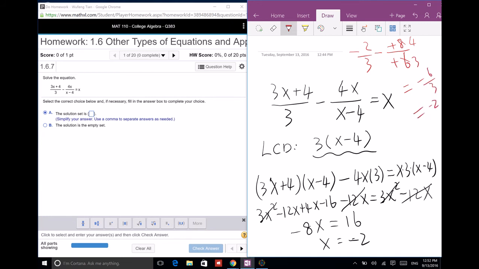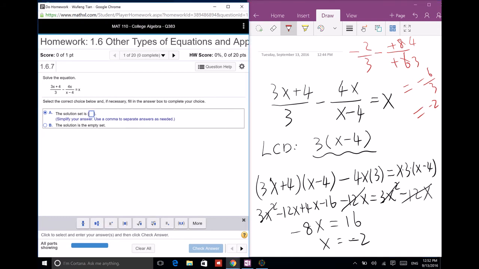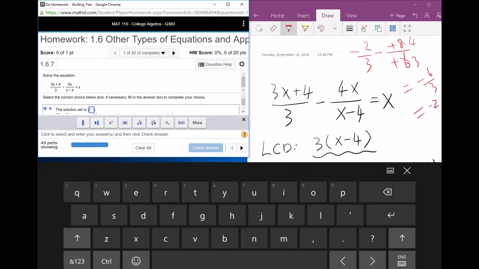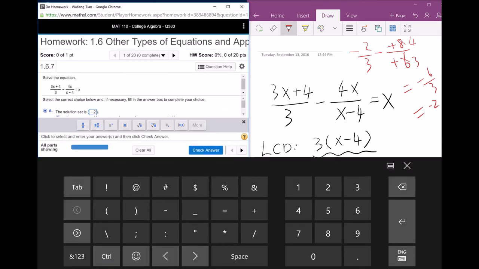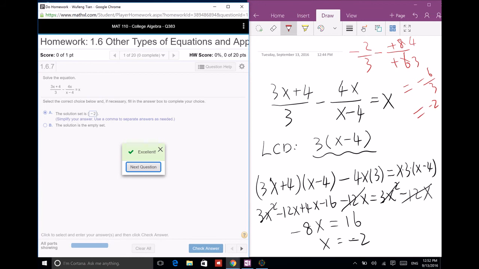Then we're right. So it's negative 2. I'm not going to check it again because the screen doesn't work very well, and typing those numbers really takes time.